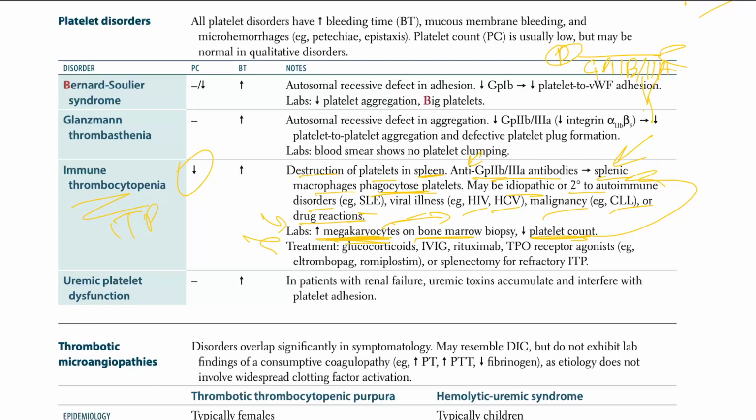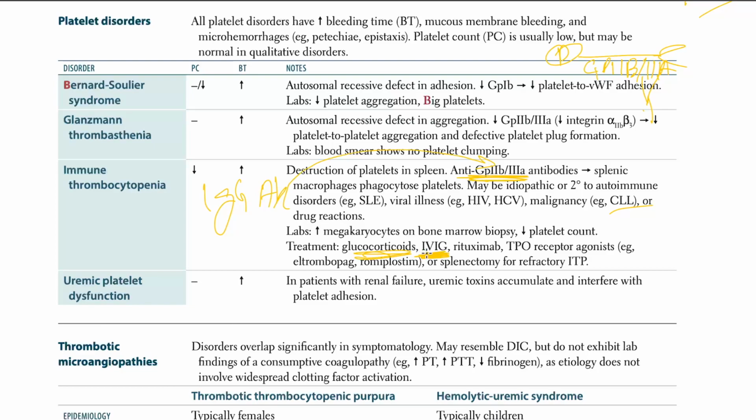Well, treatment is you give glucocorticoid, which is to inhibit this immune system from working. Second thing is you give IVIG. Remember, this was IgG antibodies, which were taking up GP2B3As.